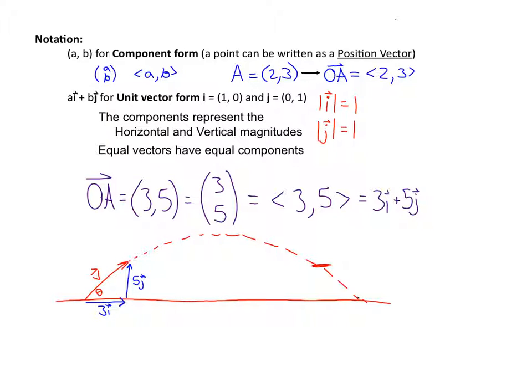If the horizontal component is 3 and the vertical component is 5, we could write it any one of these 4 ways. And those all represent the same vector. Does that make sense?